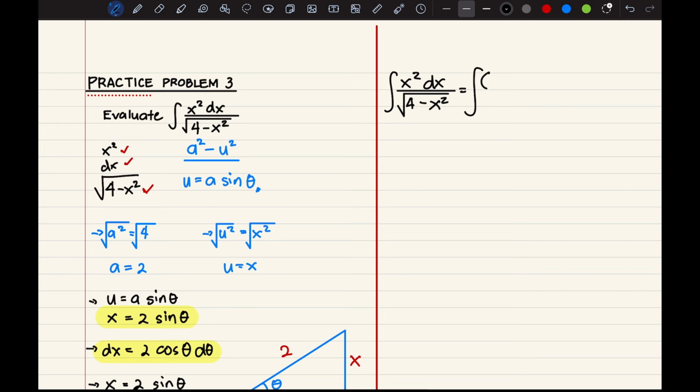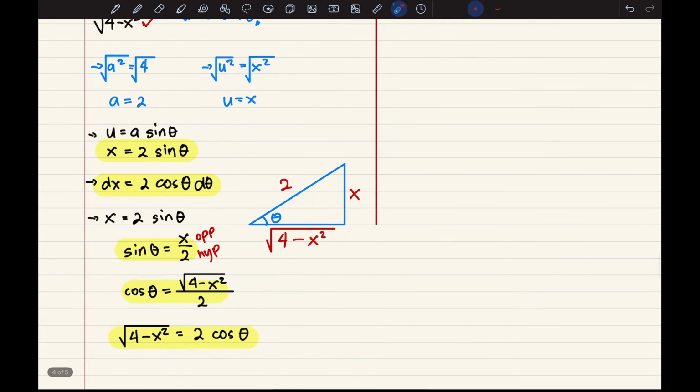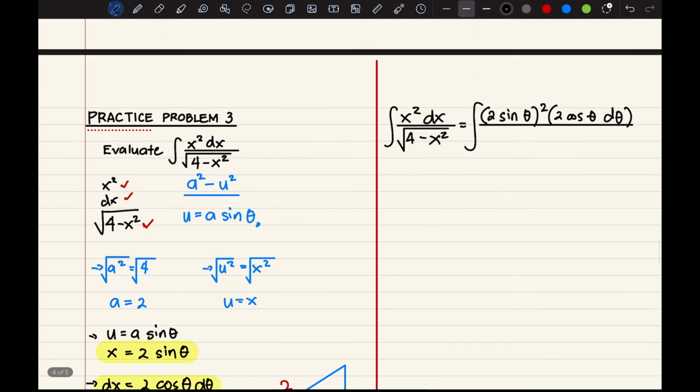So we have 2 sine theta, and then we square. And then differential x is equal to 2 cosine theta d theta. And then over square root of 4 minus x squared, that is equal to 2 cosine theta. So we have for our denominator 2 cosine theta, so 2 cosine theta sa numerator magka-cancel sa 2 cosine theta sa denominator.